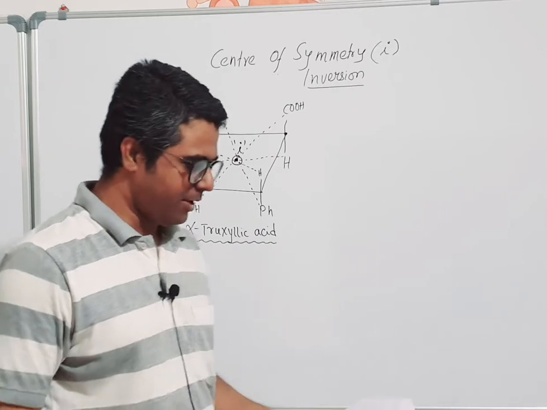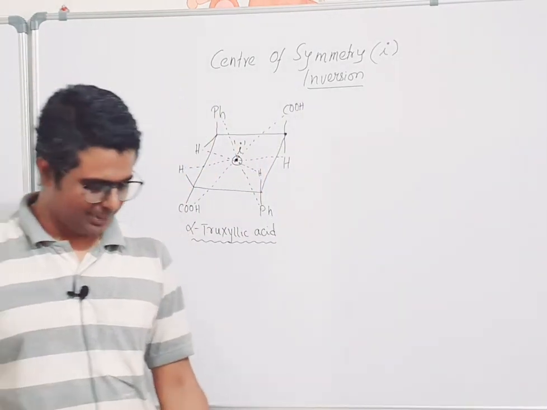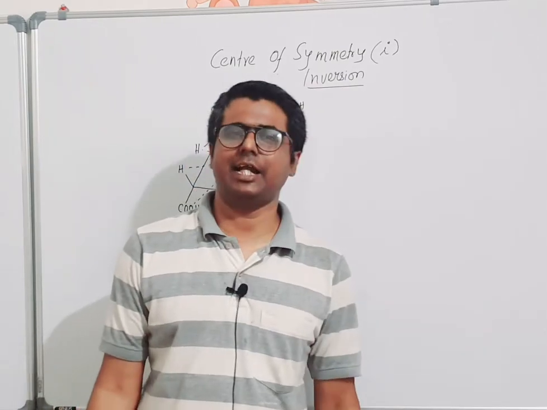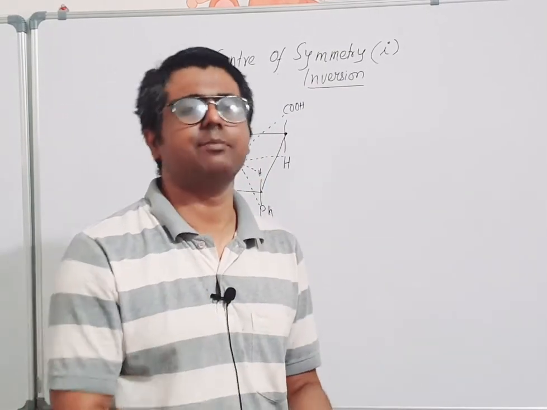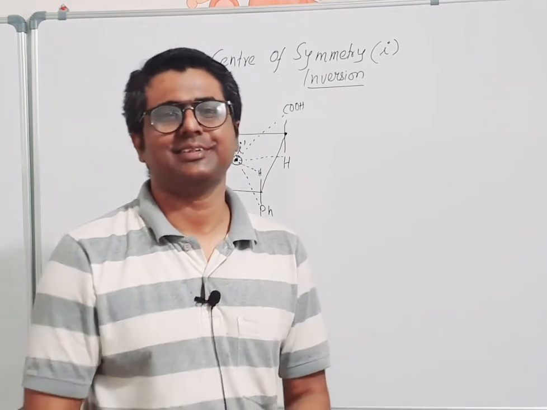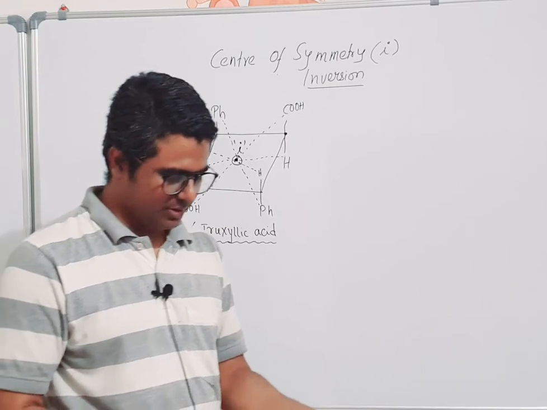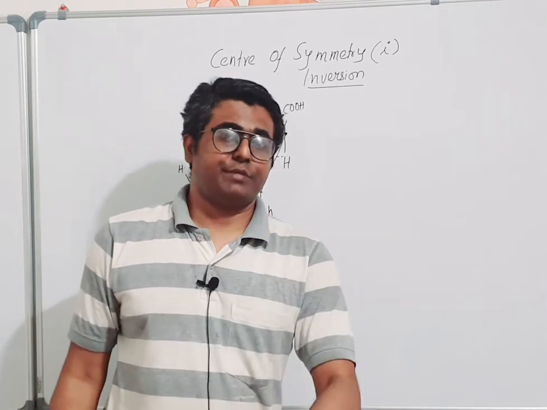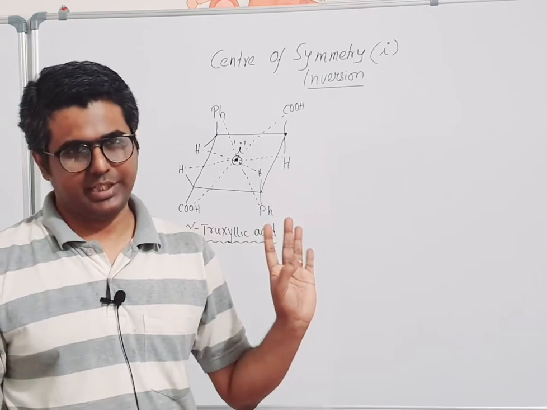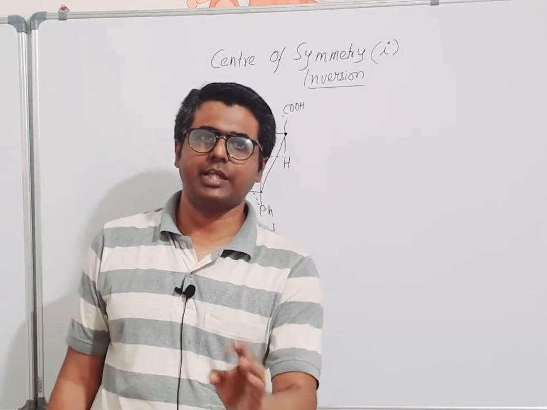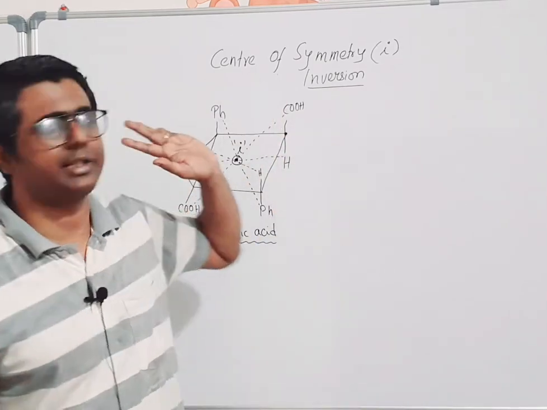Please write, all lines passing through I must encounter identical atoms or similar part of the molecule on either side. Okay. If any one of the lines fails to do so, it will not be considered as center of symmetry.